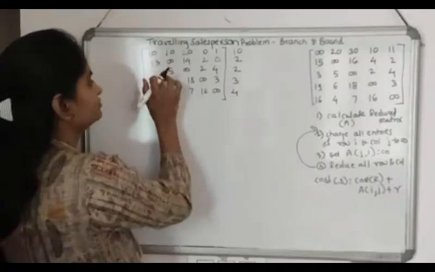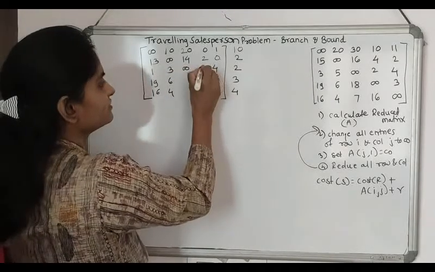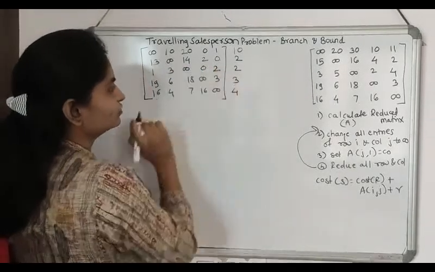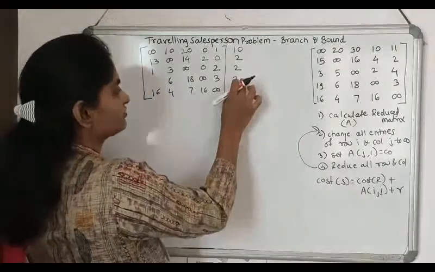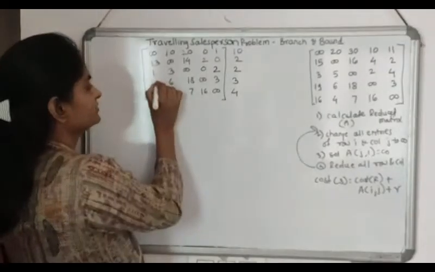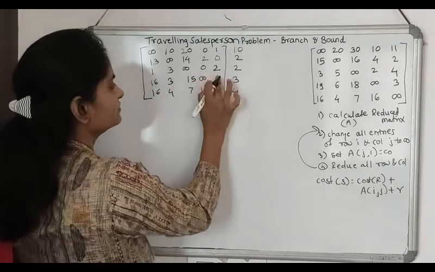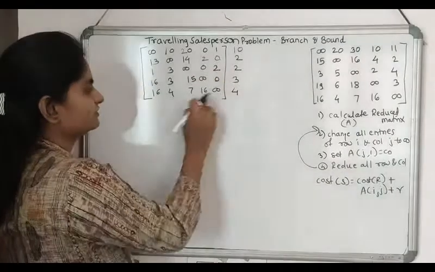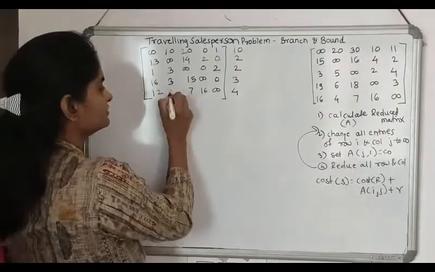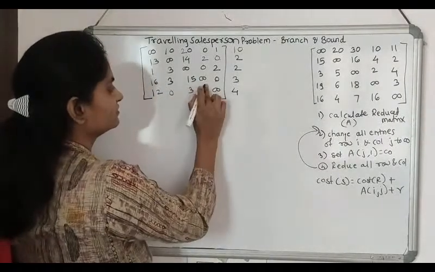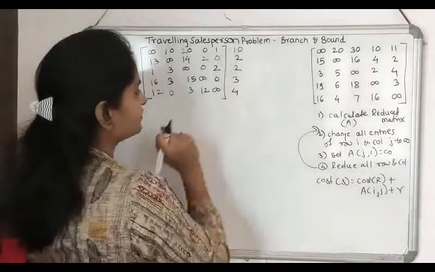Then here 2, 1, 3. Here is 0, 2. After subtracting from these 3 values, here is 16, 3, 15, 0. Then subtract 4, then 12. Here is 0, 3, and 12. Okay, this is the row reduction.